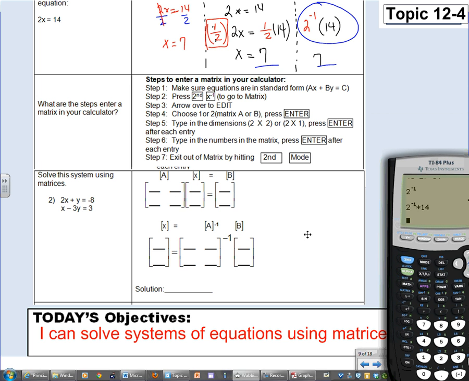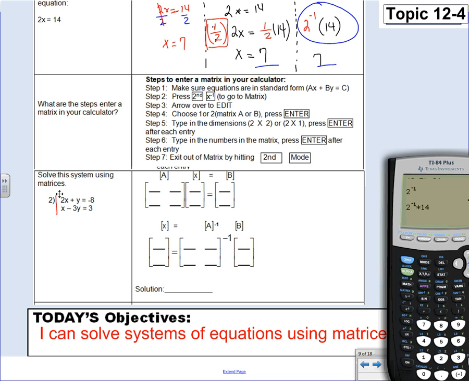So let's look at this problem. First thing we want to do is set it up in matrix form. So we're going to set up our matrices, and then we'll know what to type into the calculator. Our first matrix, A, is going to come from the coefficients of your x's and your y's. The first row is going to represent my first equation.